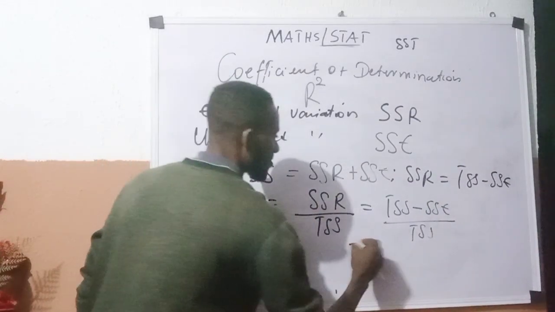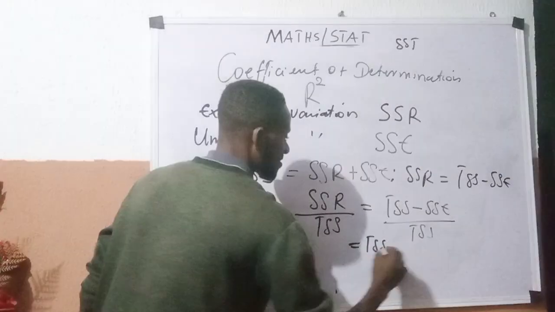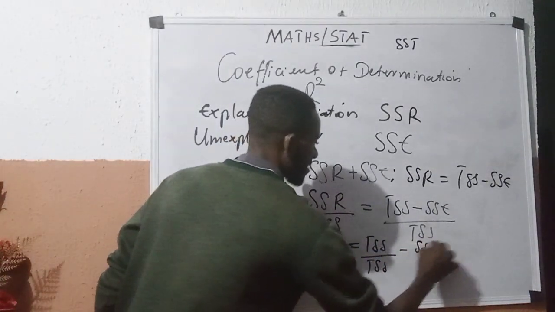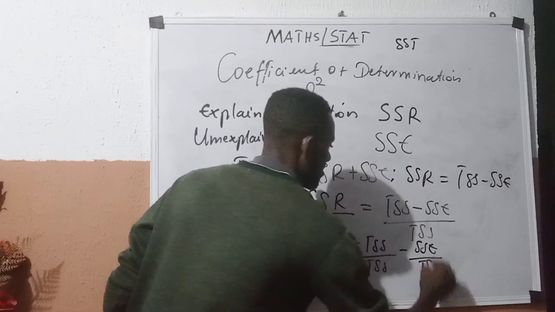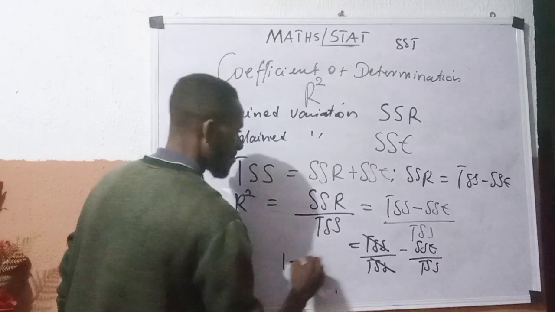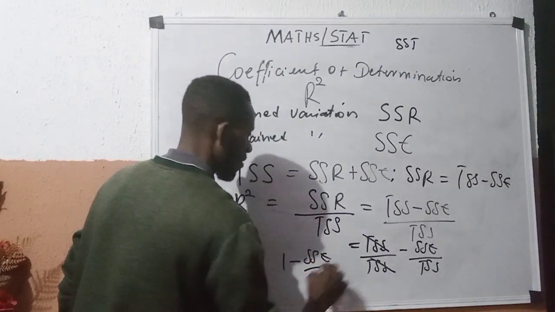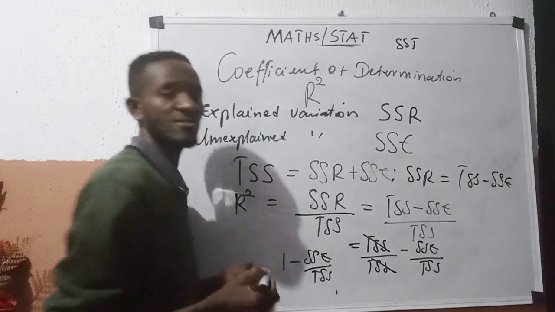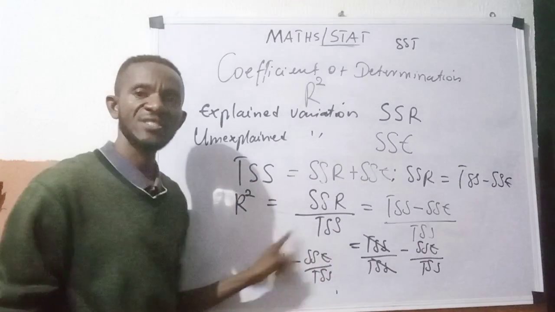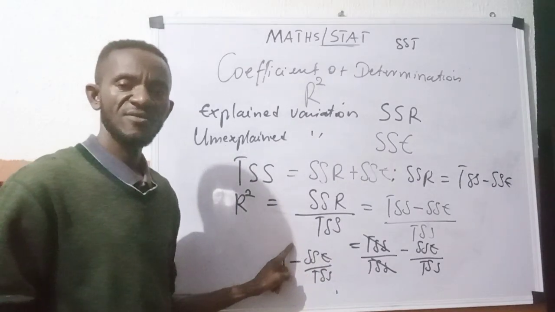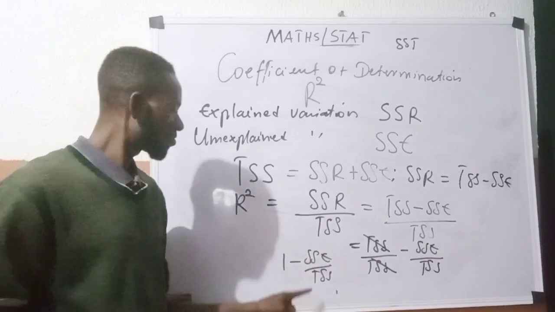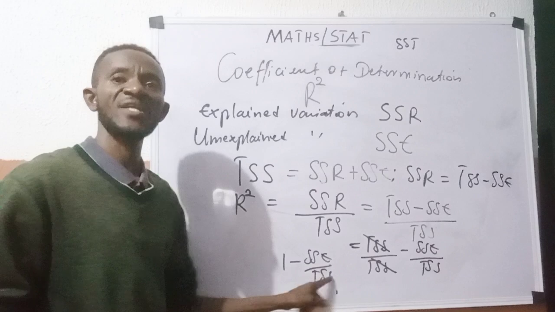And then this becomes TSS over TSS minus SSE over TSS, so that this can cancel this to give us 1 minus SSE over TSS. So the formula for coefficient of determination is given as this: 1 minus the ratio of sum of squared error to total sum of squares, or sum of squared total.